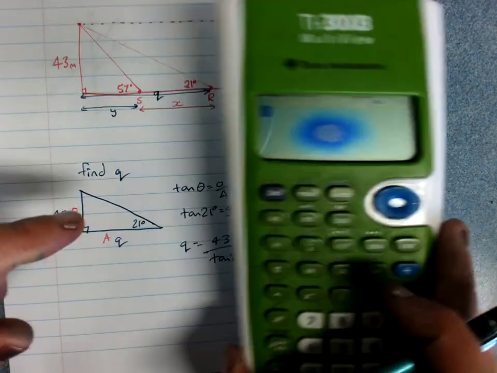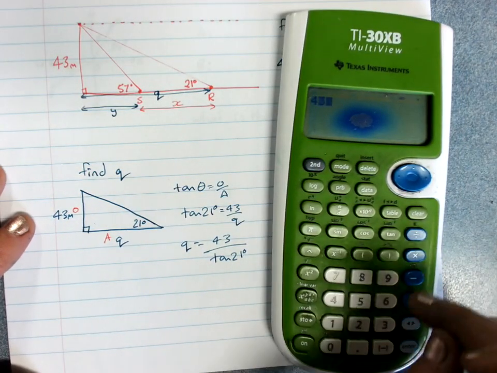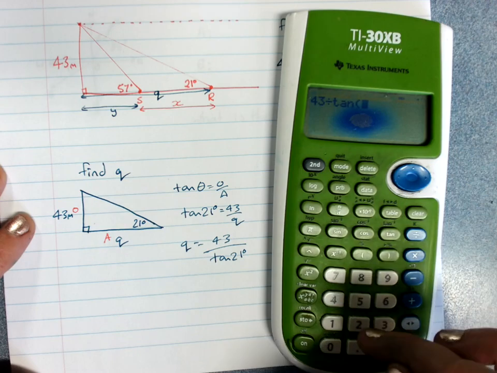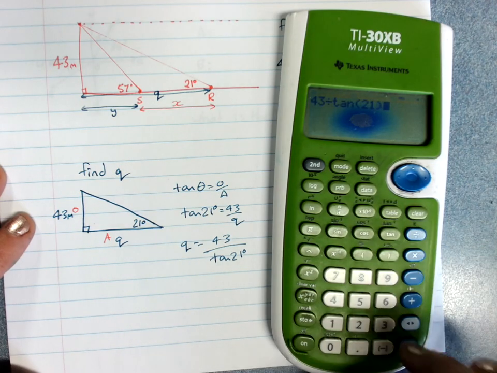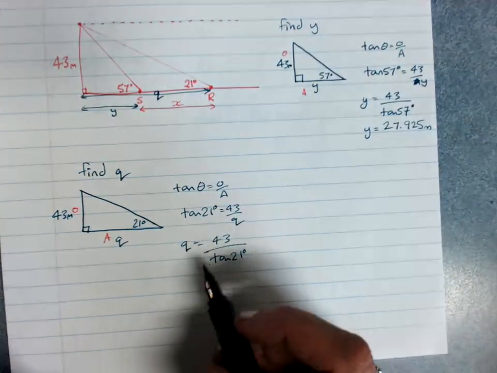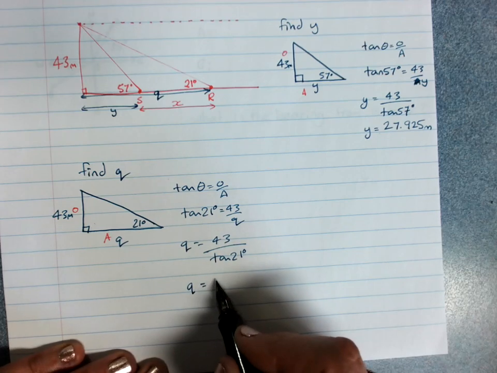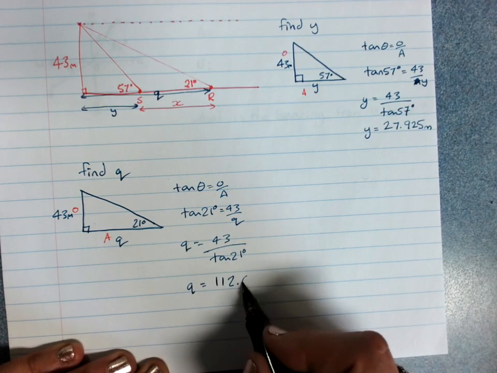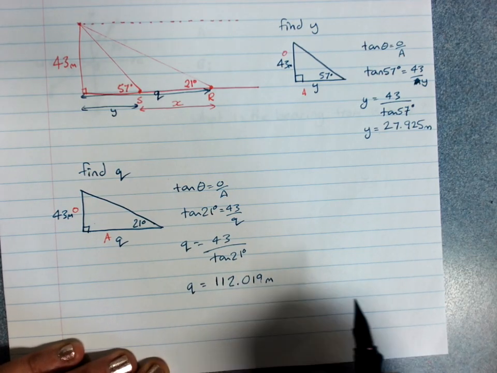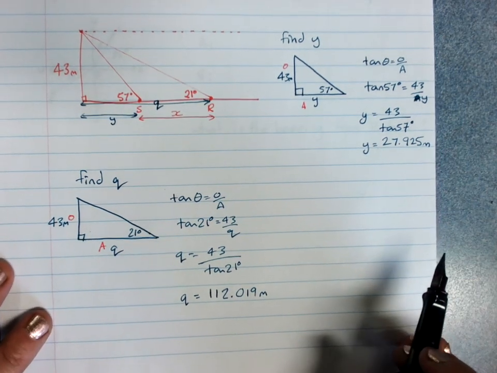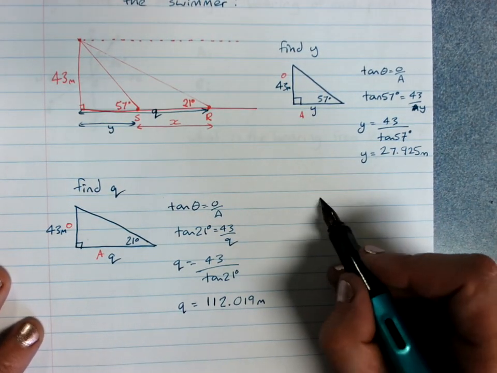And work out, okay, so q here is 112.019 meters, and now you can find x.